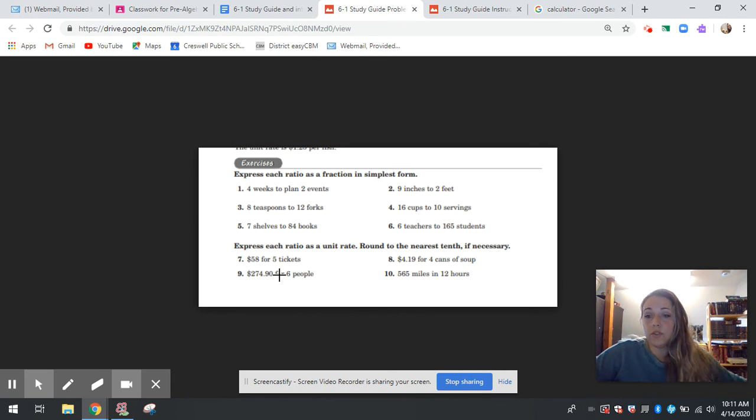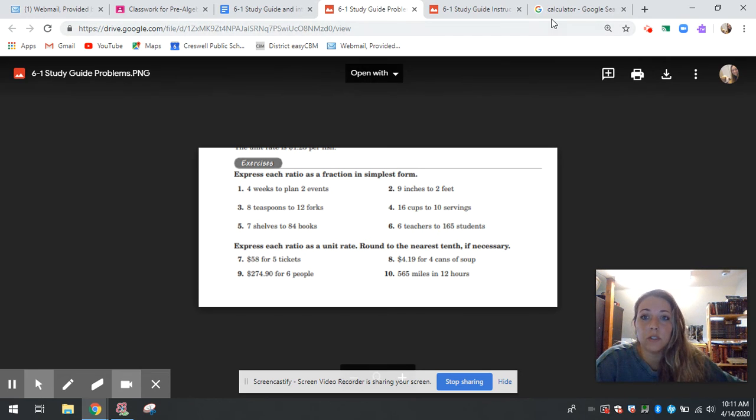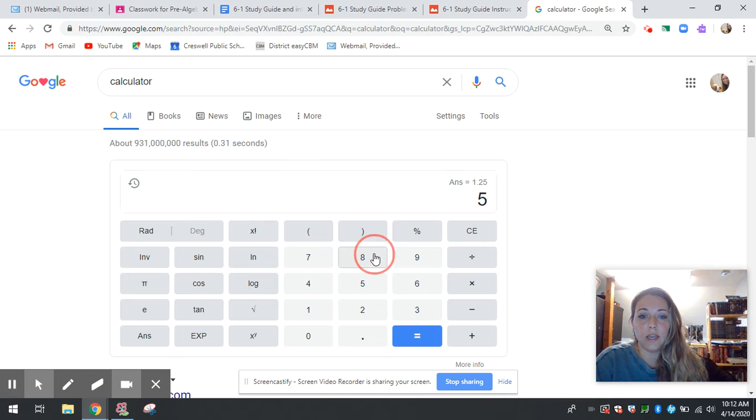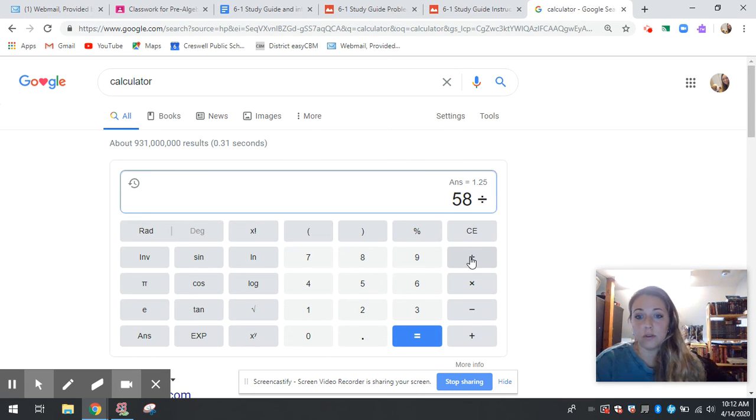So this is what I was showing you earlier about the tickets. Like if you have $58 for 5 tickets, you wanted to know what does just 1 ticket cost, you can just plug this one in your calculator. So I have $58 per, remember fractions are division, so I'll just go divided by 5 people and I get $11.60 per ticket.